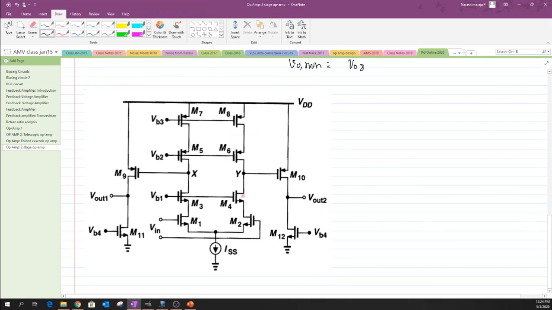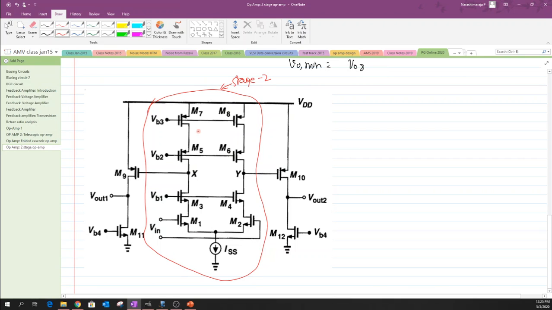So, now the very first task that we have to do is to segregate the stage 1 and stage 2 apart. Okay. So, let me just try to separate both these stages just by marking stage 1 with the red color, and one could see that the stage 1 is composed of these transistors along with ISS. So, we have transistors M1 all the way to M8 along with the tail current ISS. Okay. So, this denotes our stage 1, whereas stage 2 is actually the same structure that we had before.